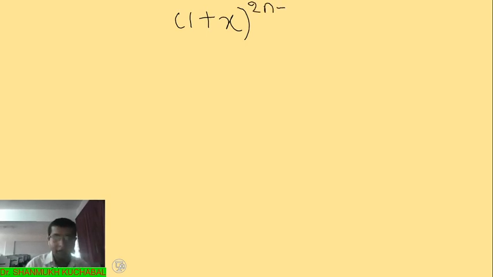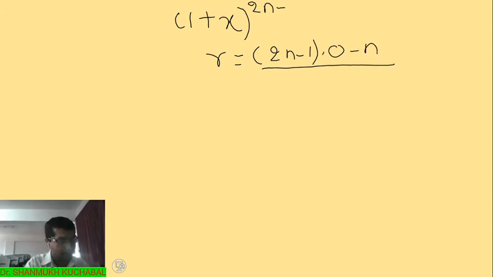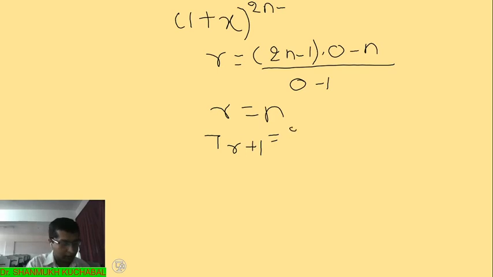In the formula r equal to (np minus m) divided by (p plus q), we have to substitute, so we get 2n minus 1 into 0 minus n divided by 0 minus 1. If we simplify, we get r equal to n. So in the general formula we get T(r plus 1) equal to 2n minus 1 Cn into x raised to n.